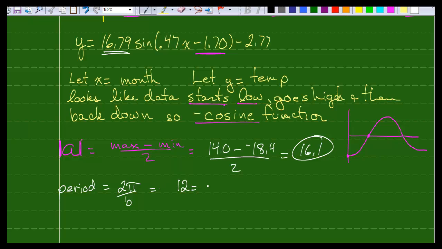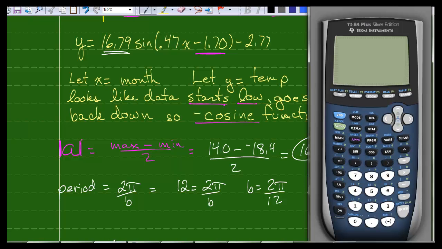That means 12 equals 2 pi over b, and b equals 2 pi over 12. So our b value is going to be pi over 6. Pi divided by 6 gives us 0.52. Again, not far off of 0.47.